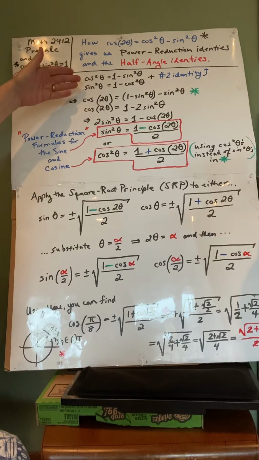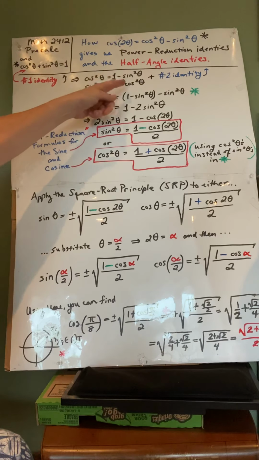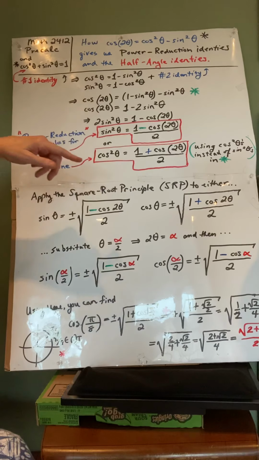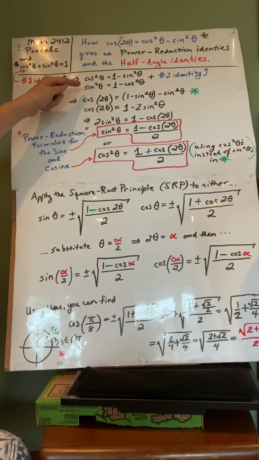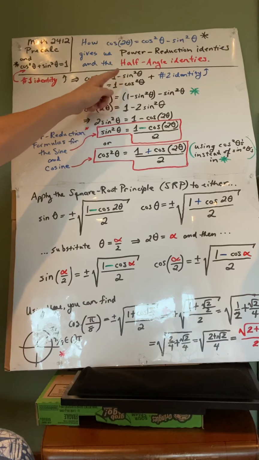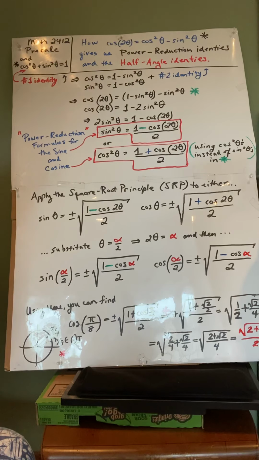So those are nice if you need to get rid of all the cosine squareds in an expression. You can replace them with 1 minus sine squared, or vice versa. That kind of thinking happens when you're in Calc 2. But integrating sine squareds or cosine squareds is not so easy.